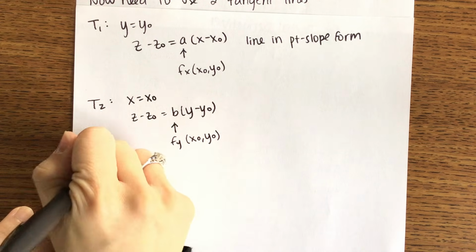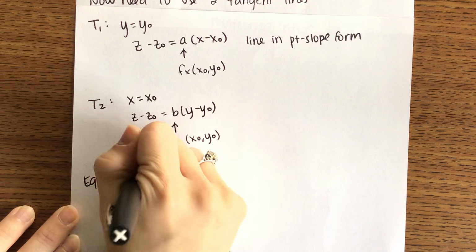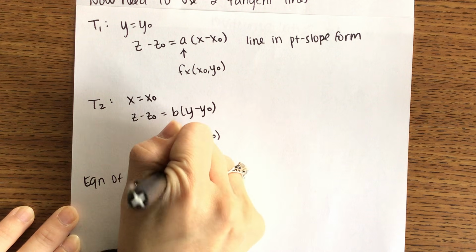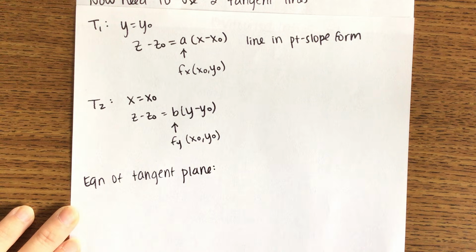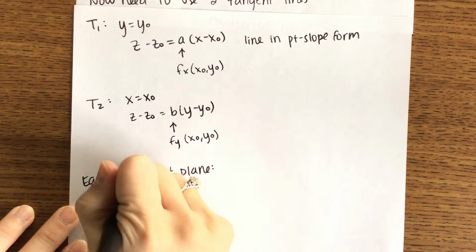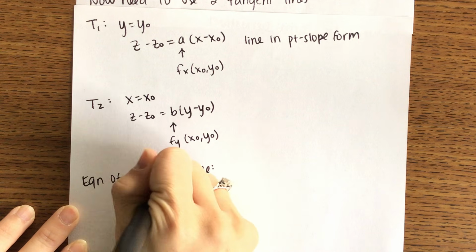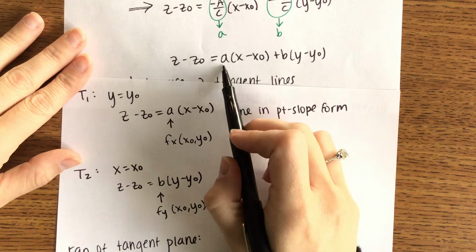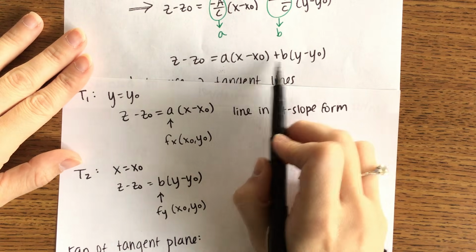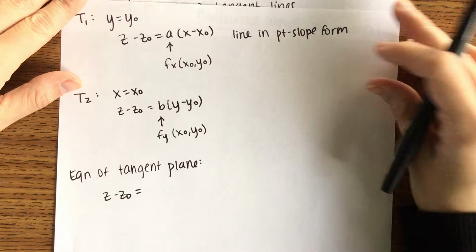All of this brings us to the equation of the tangent plane. So, equation of the tangent plane is z minus z naught. All the way up here, we have that a and b, so we're using this, but now replacing a and b with what we found them to be.